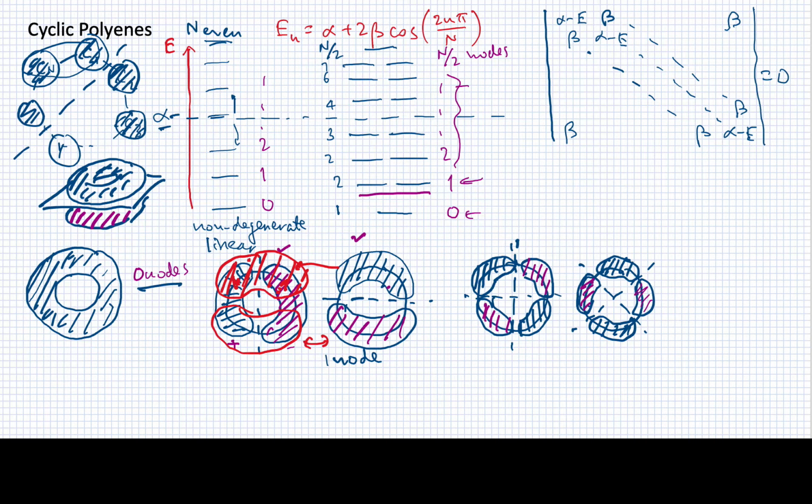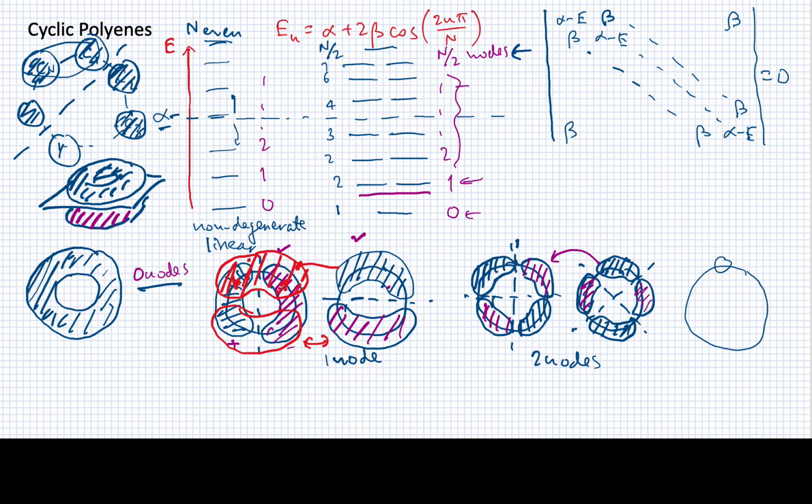And again, if I overlay these two, we can see that each one of these is half intersecting a negative lobe and half intersecting a positive lobe. So ultimately, these two would show up to be orthogonal to one another. And this is a case of 2 nodes. And I can continue doing this on up the chain. When I get to the very top one, though, now I'm going to be in a position where every p orbital has a node between it.